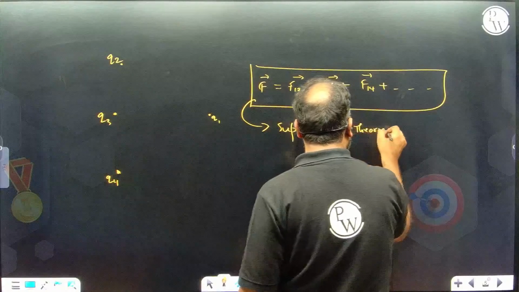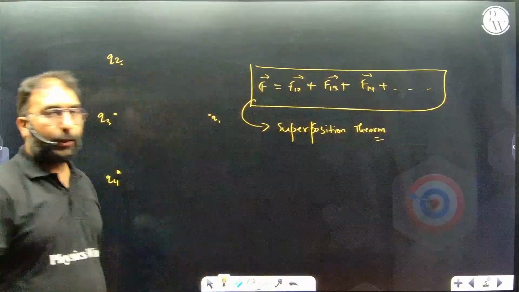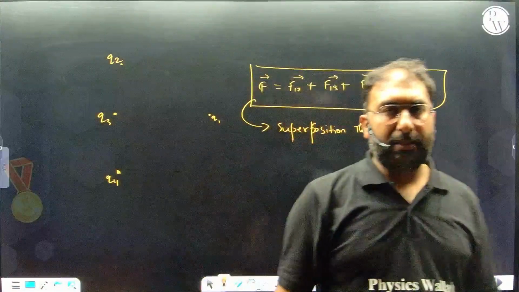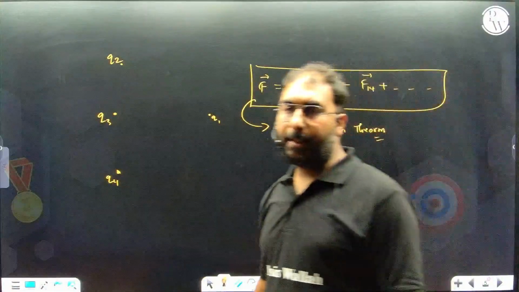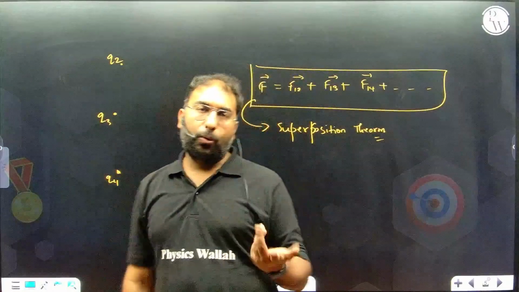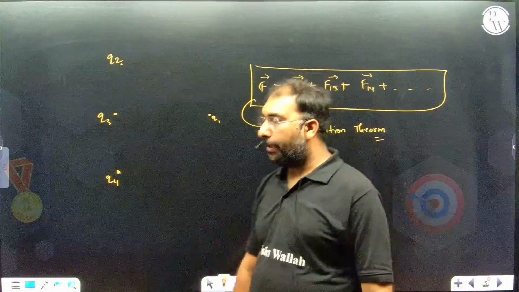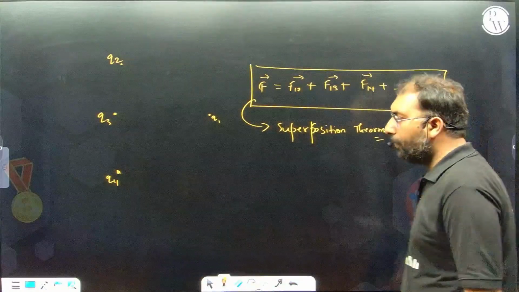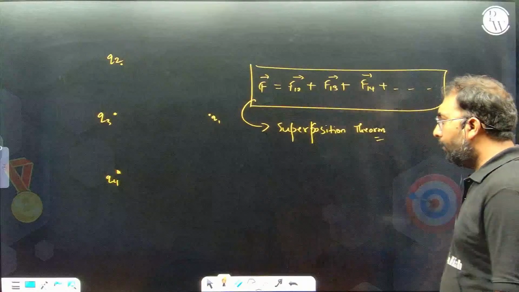Superposition theorem. So you can calculate the force on one particle because of all the charged particles one by one individually, and then add them vectorially to get the net force. This is the idea. Using this idea, we can solve a few problems, and then we are good to go.